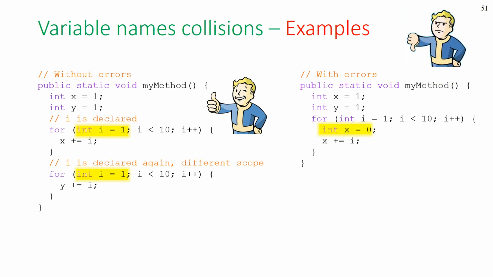The difference here is I still have x and y that are local variables for the method named myMethod. Their scope is the entire method. And then I create a block here for my for loop. Inside the scope of that for loop, I want a variable named i. Sure, no problem, okay?